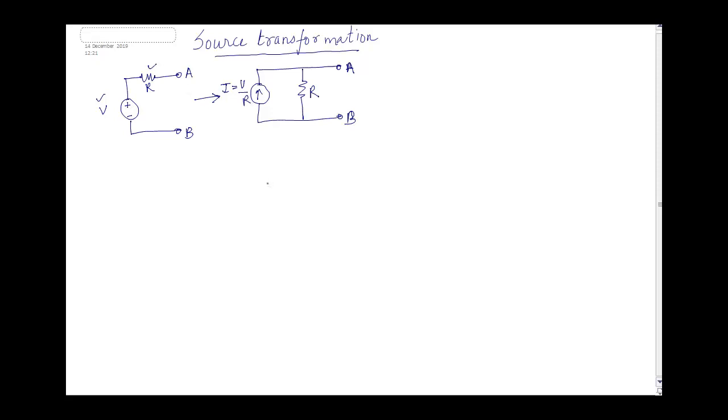So we can transform a voltage in series with a resistance to a current source in parallel with a resistance. The same thing can be applied vice versa.